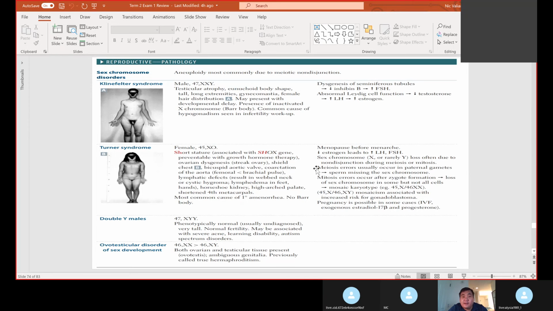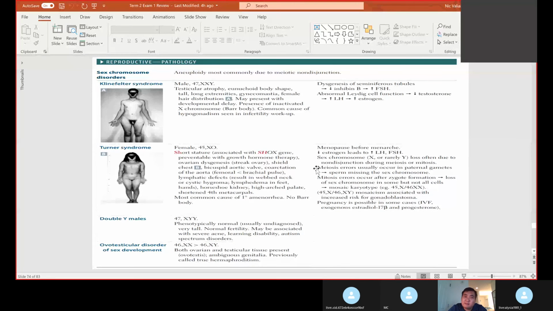Turner syndrome, 45XO. Right? Short stature, shield chest, shortened fourth metacarpal, webbed neck. Increase LH and increase FSH.